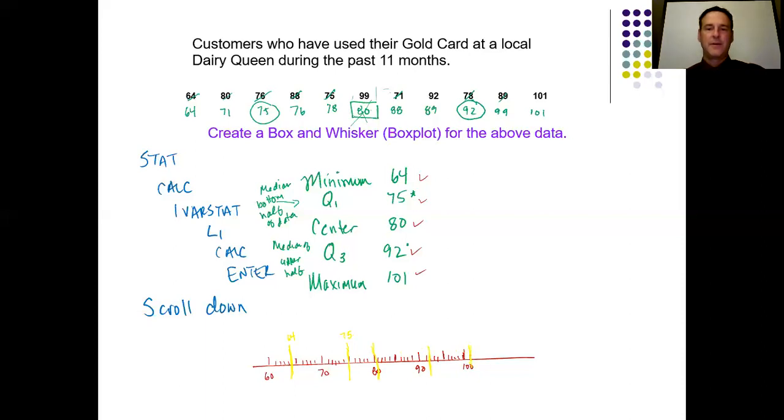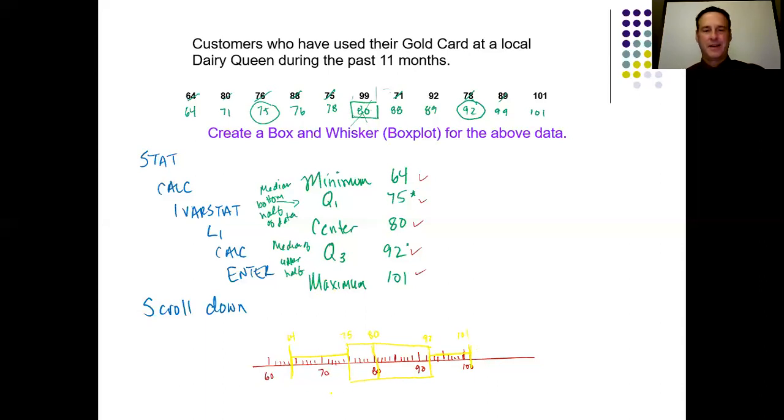All right, now once you have all 5 of those, you're going to take the 3 in the middle and connect them. This is like a box. And then the 2 on the ends, you'll connect with a line. Sometimes they'll call that a whisker, but this is a box plot or a box and whisker. I'm going to fill in these others, 80, 92, 101.